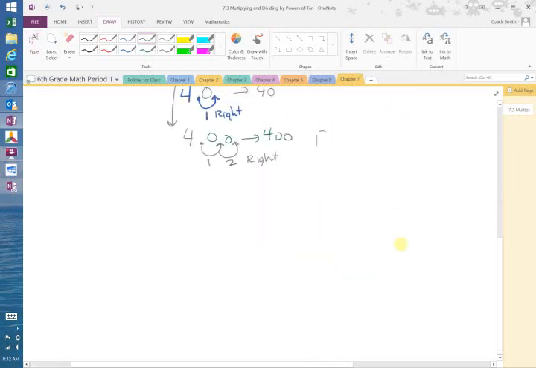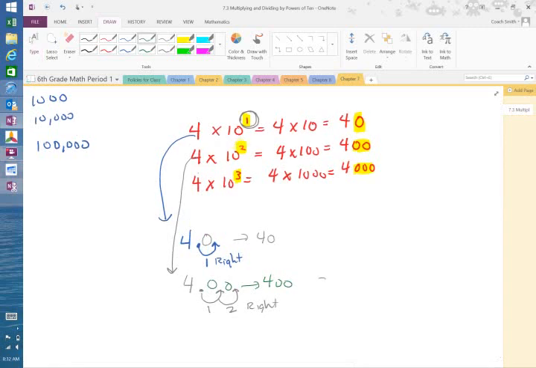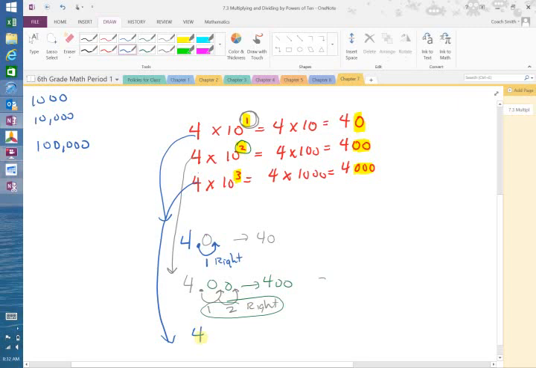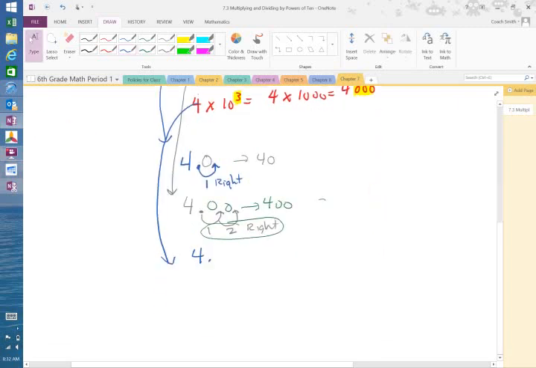So the 2 right here represents the 2 places that I moved to the right. And then the last one here, I take 4 and I move it once, twice, 3 times to the right.